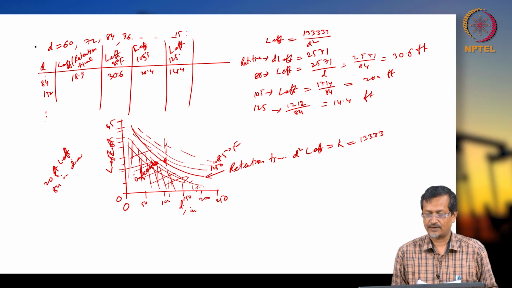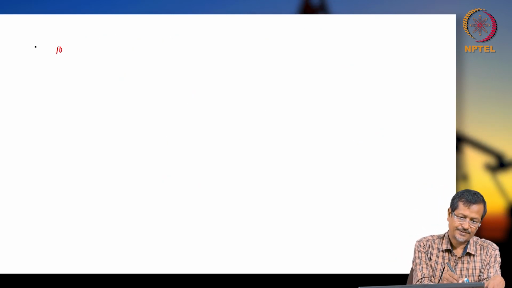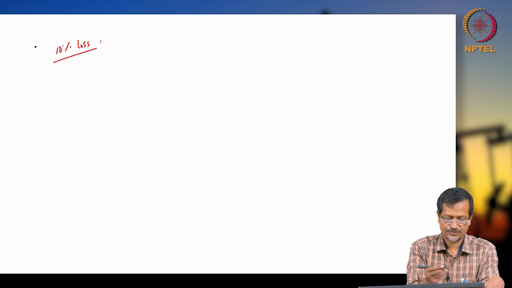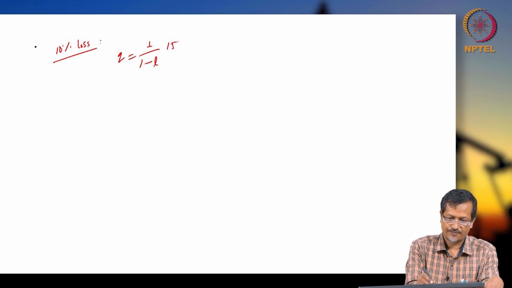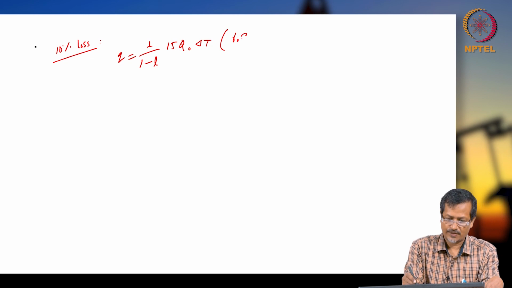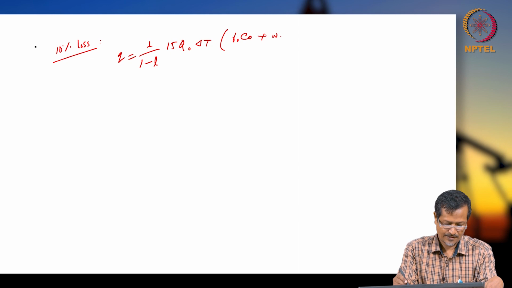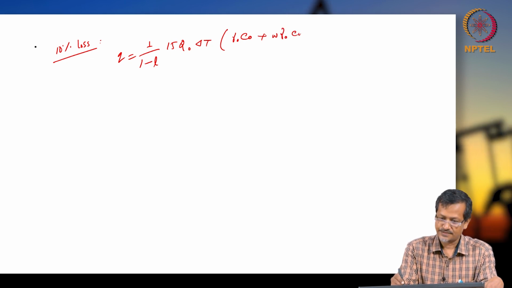Now we will go for some heat calculation for this specific design. Heat calculation, 10% loss is there. We have done some calculation in previous lectures also, but for this specific purpose, the heat Q formula you can remember: 1 by 1 minus loss, 15 QO del T, gamma oil C oil plus water percentage, then gamma water and C water.